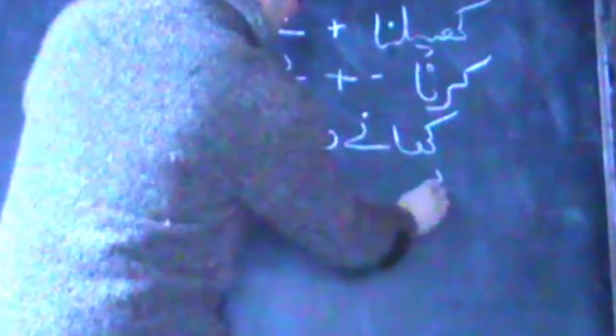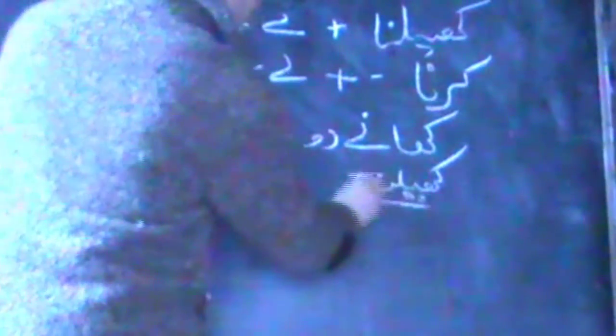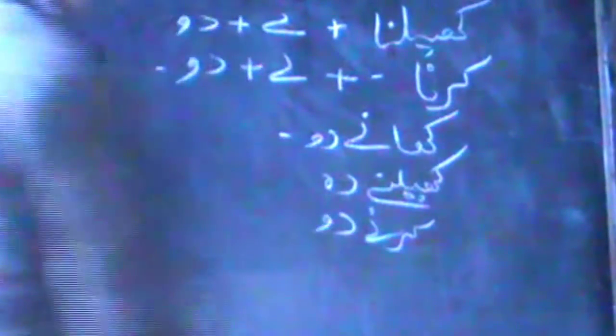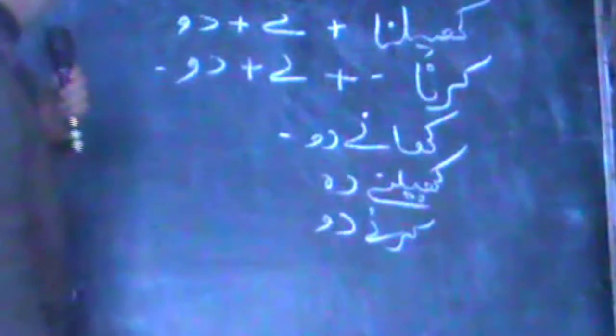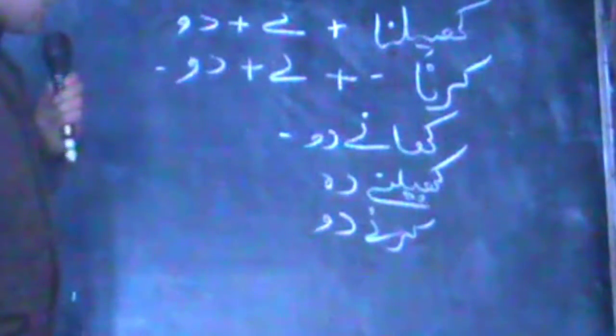Similarly, khelne do, and the same is the case with karne do. So these are three different verbs. When we have such sentences, we have a different way to translate them in English.